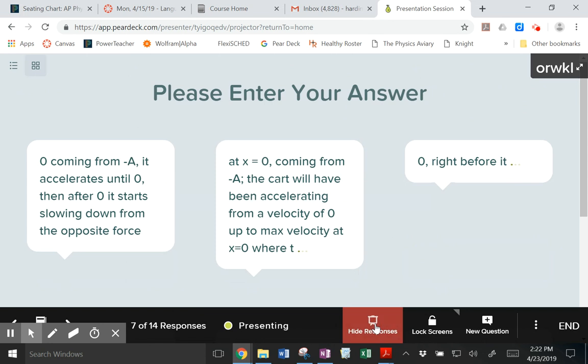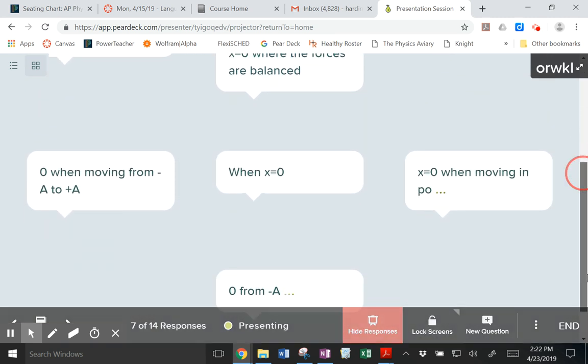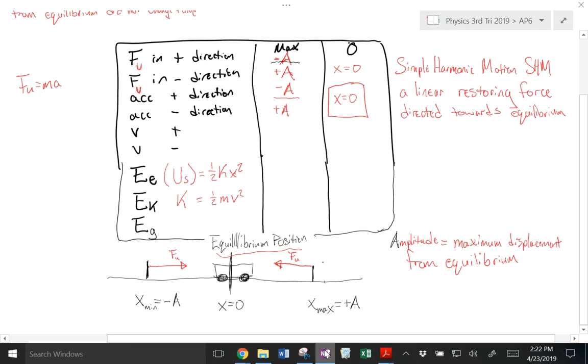Our friends on the internet are saying 0 from negative A. X equals 0 coming from negative A. 0 right before it starts to slow down. 0 moving from negative A to A. So yeah, you got the idea. So it's got to be when it's coming back from negative A because it's had a period of positive acceleration that whole time.